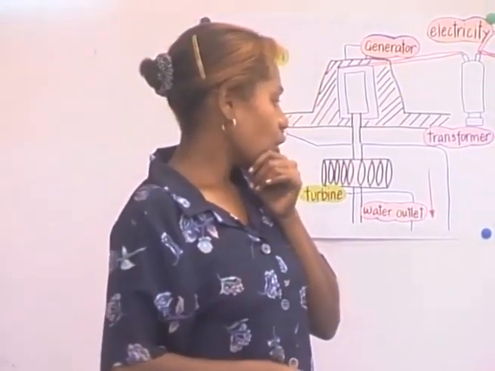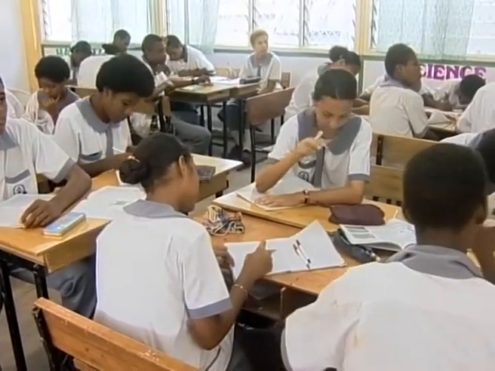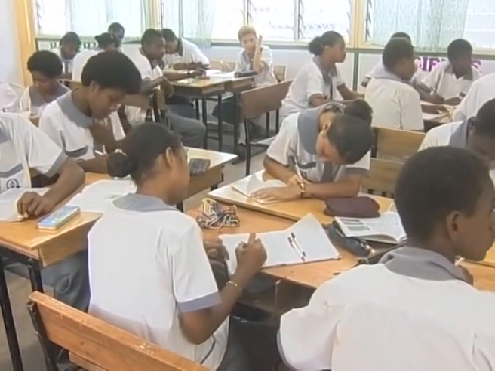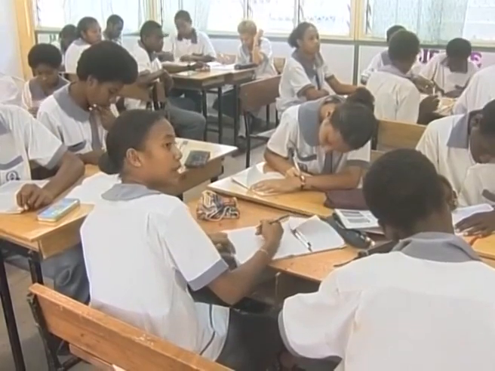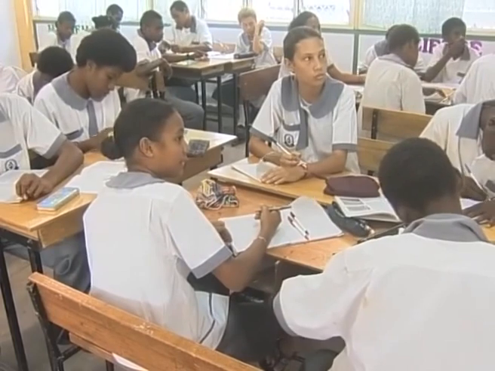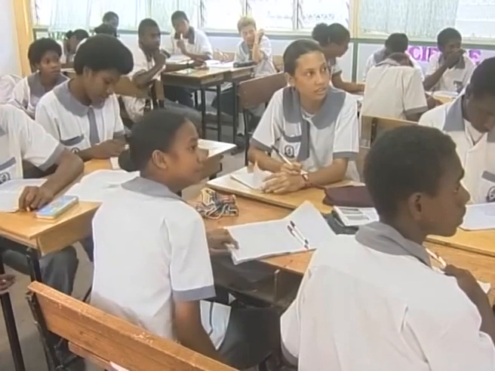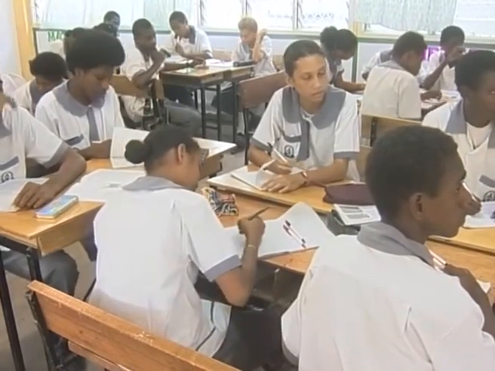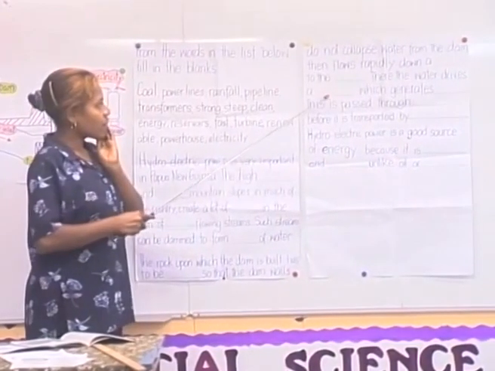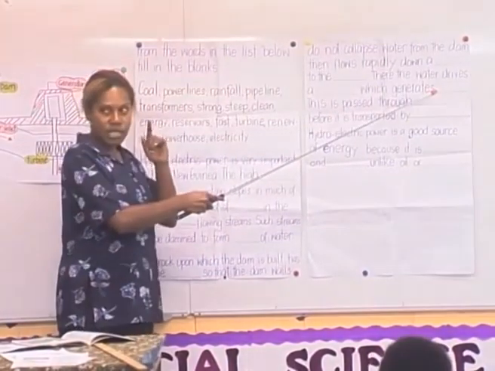The rock upon which the dam is built has to be strong so that the dam walls do not collapse. Water from the dam then flows rapidly down a pipeline to the powerhouse. There the water drives a turbine which generates electricity.